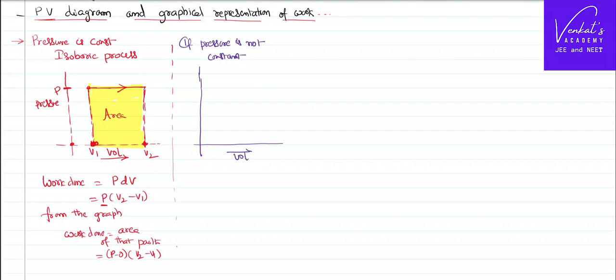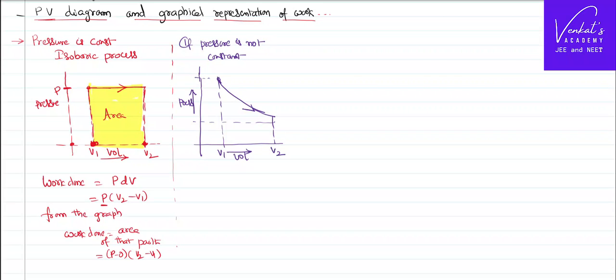Volume is also varying. So volume is varying, pressure is also varying. And if you draw a graph, let the graph be like this, because this graph is not parallel to the x-axis, because pressure is also variable. So here there is some pressure, here there is a different pressure, here there is some volume, here there is some different volume.